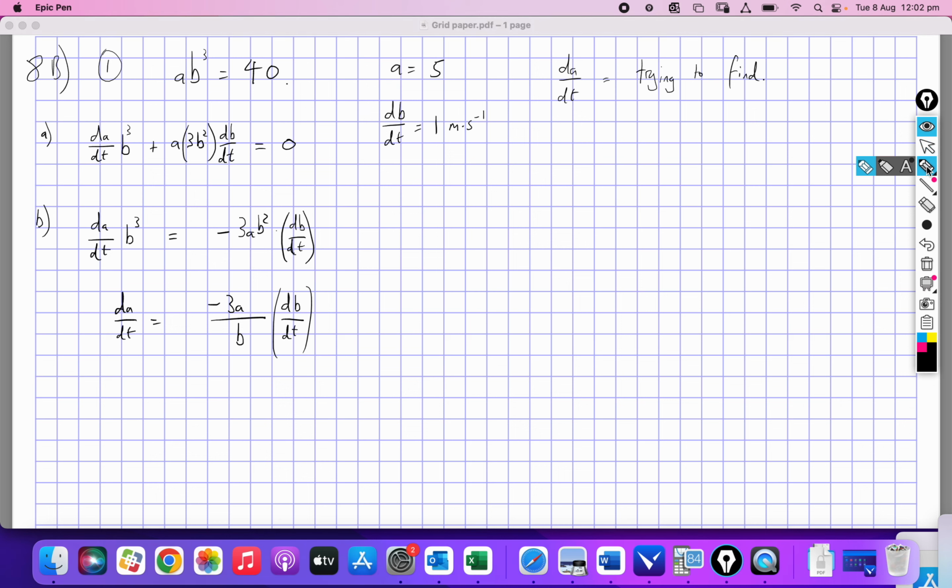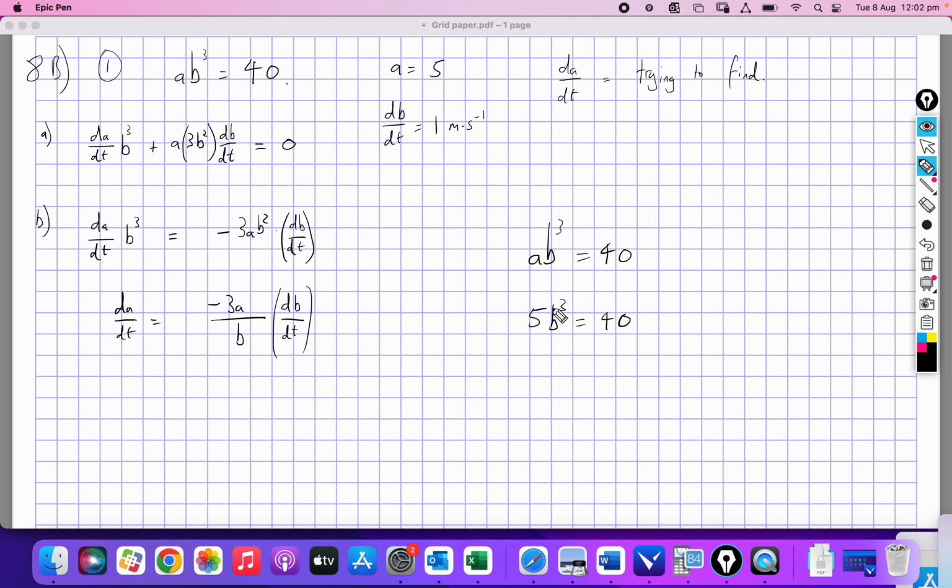So at some point I am going to have to come in and substitute in an A, a B, and a dB dt, but these things are variables, so I'm not going to from the start take this equation AB cubed equals 40. They've told me that A is 5, right? So couldn't I write this?